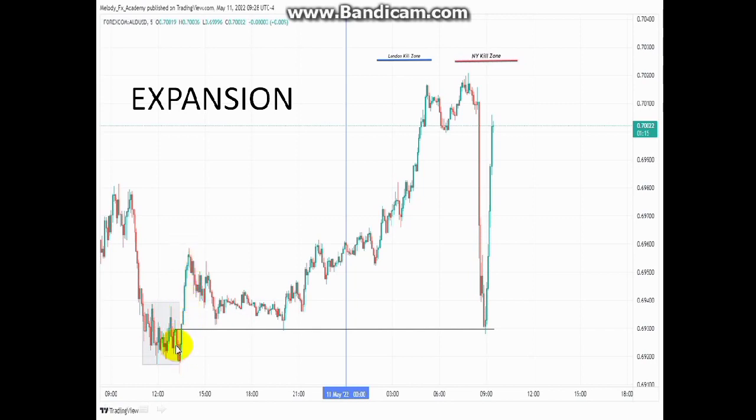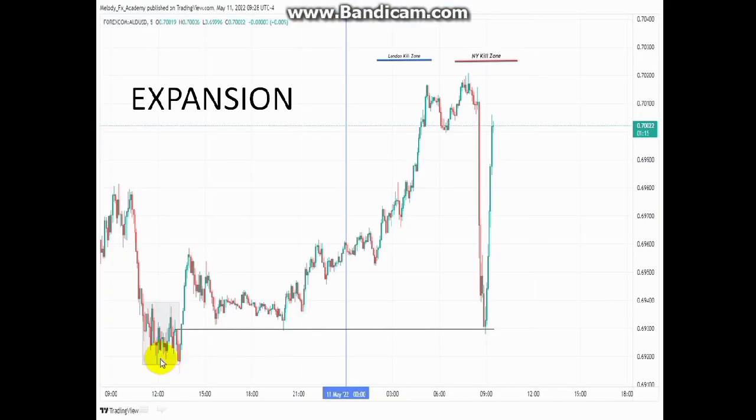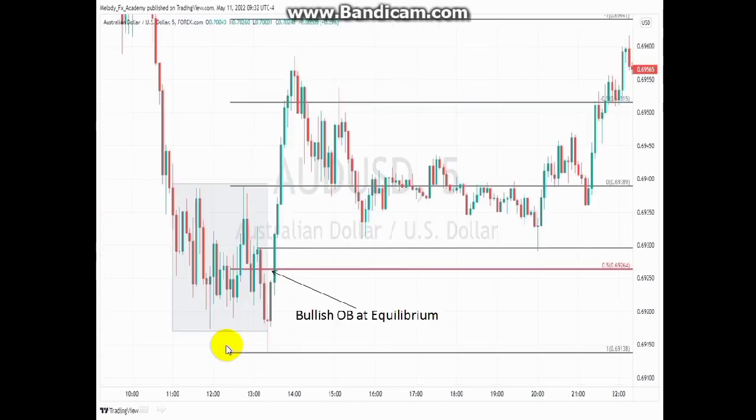An expansion is simply when price moves quickly from a level of equilibrium. A level of equilibrium is making reference to a consolidating market, as we can see in this example. The equilibrium refers to the midpoint of the fib.